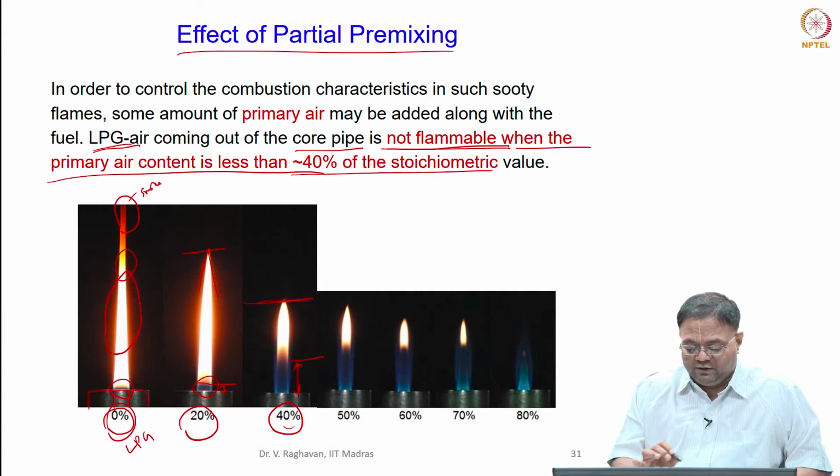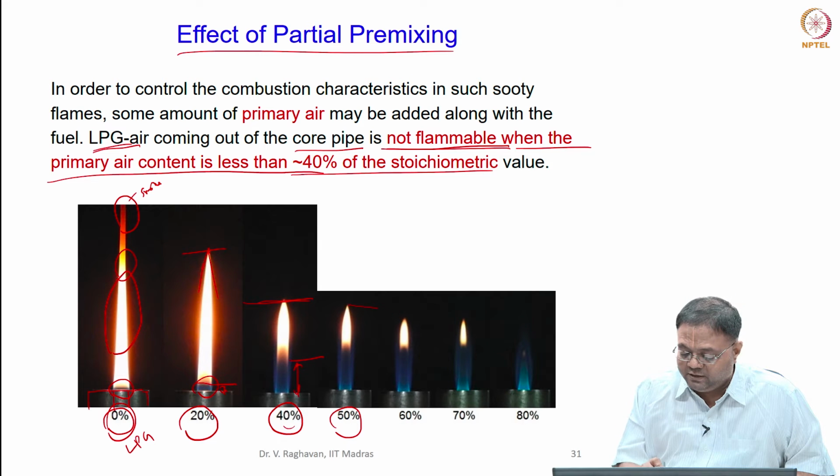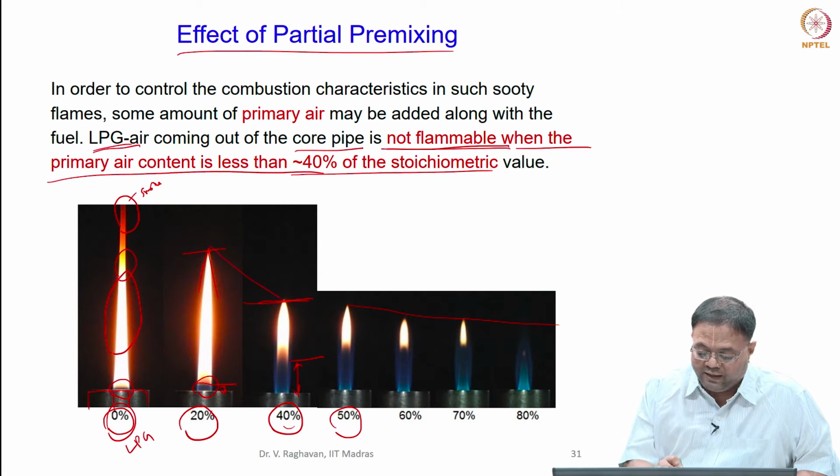So, after this, from 50% onwards, it is a flammable mixture. Please understand that. You can see that there is not much change in the flame height. From this to this, a drastic reduction has taken place.